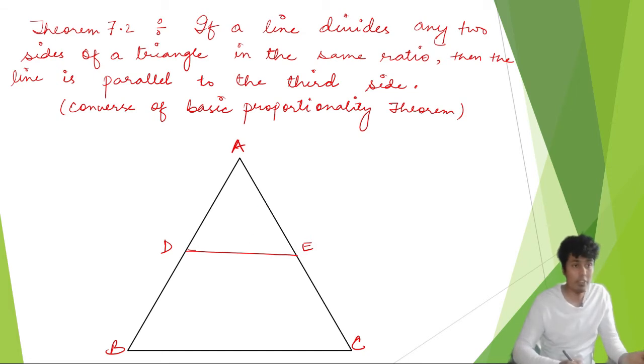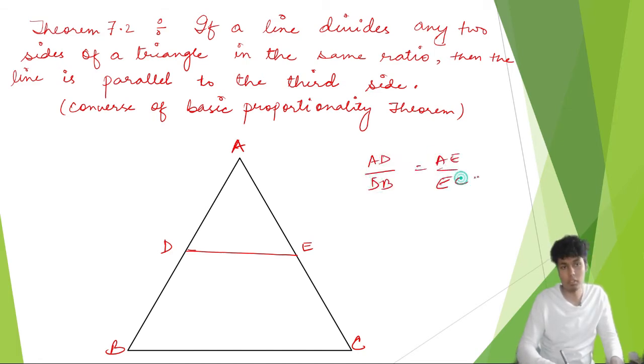It divides these two sides of the triangle in the same ratio, that is AD by DB is equal to AE by EC. This is given. To prove, we need to prove that DE is parallel to BC.